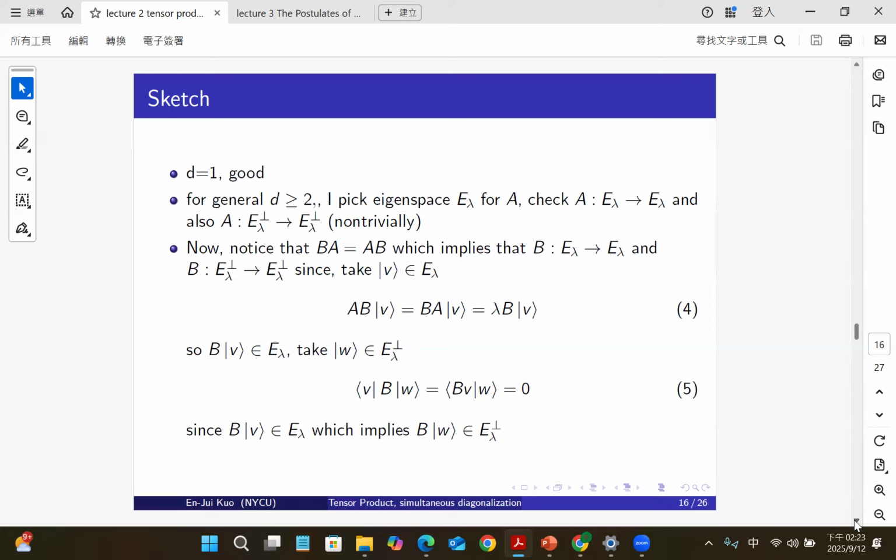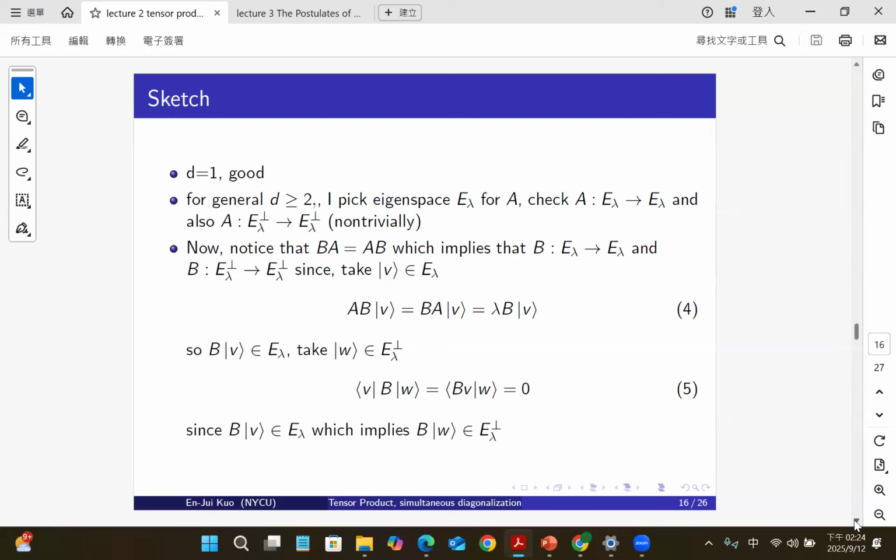But A acting on v is lambda v, right? So it's lambda times Bv. So Bv is an eigenvector of A. Right. So that means that Bv will still be in the eigenspace of lambda. So B will map E lambda to E lambda.